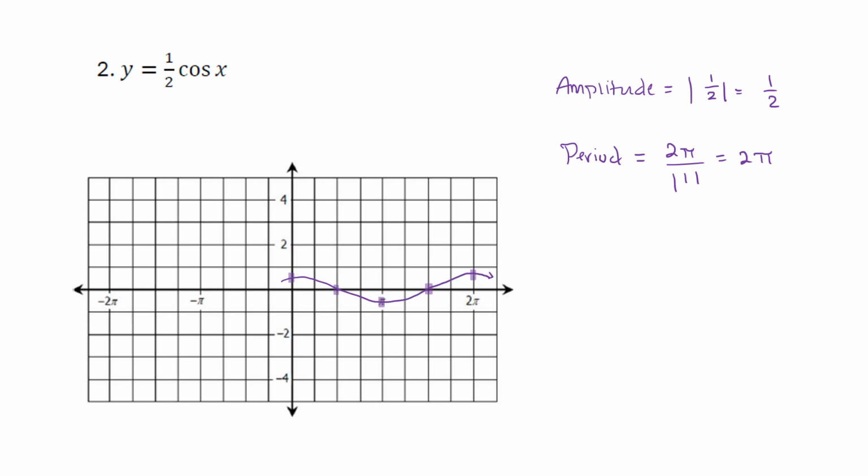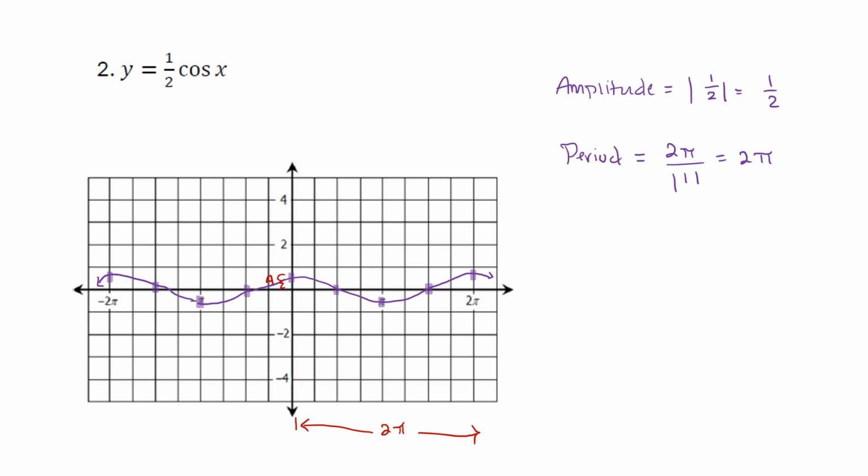Okay, and we can extend it to the left-hand side. So negative pi over 2 is 0, then negative 1/2, 0, then 1/2. Okay, so we see here that our period is 2 pi, and our amplitude, a, is 1/2.